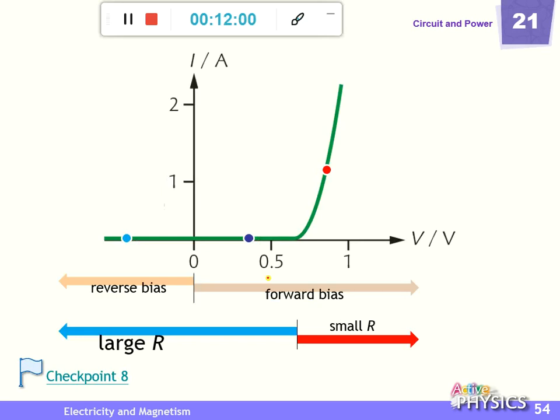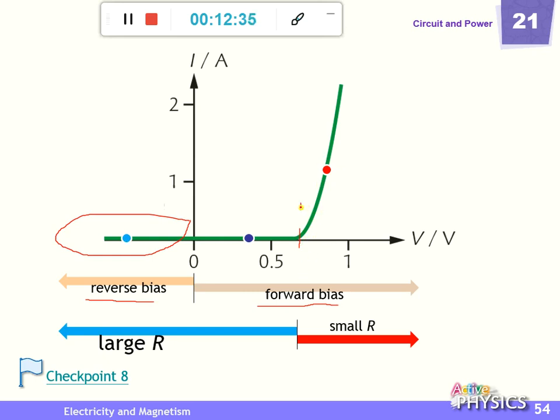Then what will happen for this diode? The characteristic will be this. This part we will say is reverse bias or backward bias. For the forward bias, it means that current can flow through it if the voltage is large enough, maybe around 0.6 or 0.7 volts. If the voltage is greater than 0.6 or 0.7, then the current can pass through this diode. The diagram will be like that.